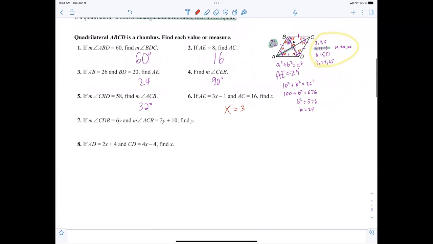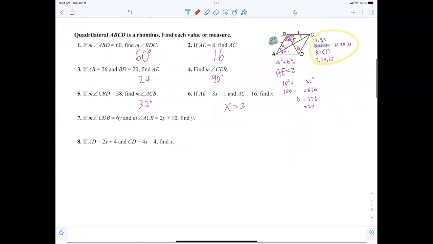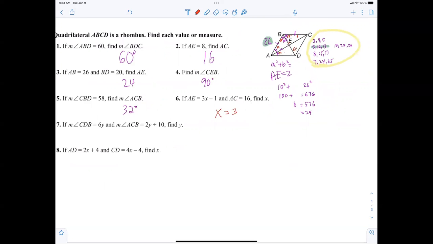Let's find CDB. CDB is this guy right here. I'm going to call that 6y. And then ACB is 2y plus 10. Is that right?